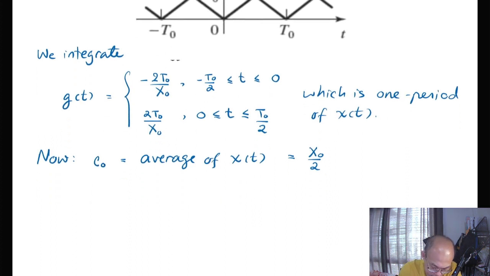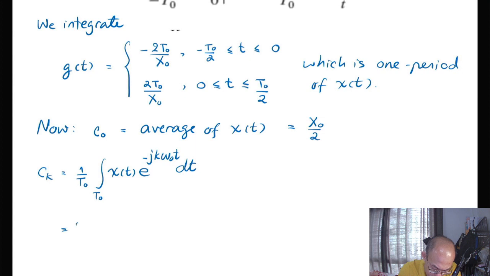Now, ck though is not so obvious. Now to find ck, we need to integrate g(t) over one period, so that is 1 over t0 integral of x(t) e to the minus j k omega 0 t dt.